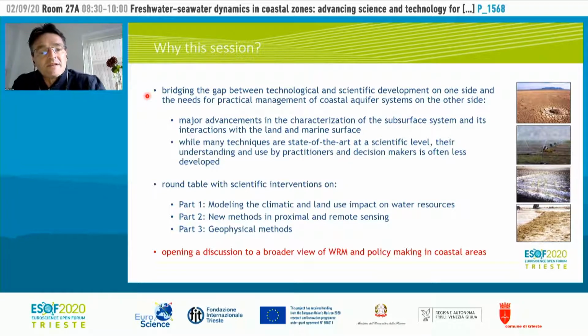Then we will move on to the second part presented by David on new methods in proximal and remote sensing techniques. And then Georgia will wrap up and provide a profound vision on the geophysical methods that are currently available. And then we hope that participants would be willing to discuss with us a little bit on a broader view towards water resources management in coastal zones and policy making in these regions.